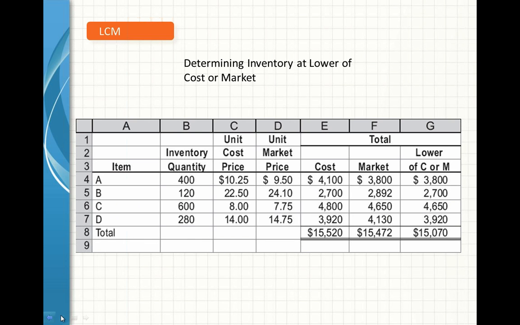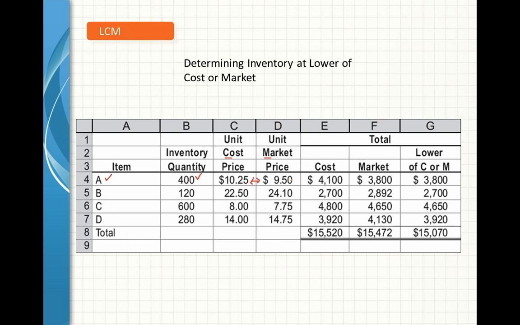Now here, let us apply what we learned just now for item A. Item A, we have 400 units at the end of the year. Then compare these two prices. My cost price was 10.25, but the present market price is 9.5. Lower of cost or market.